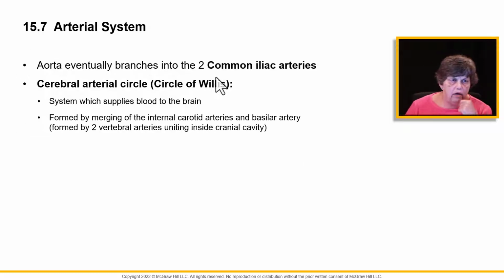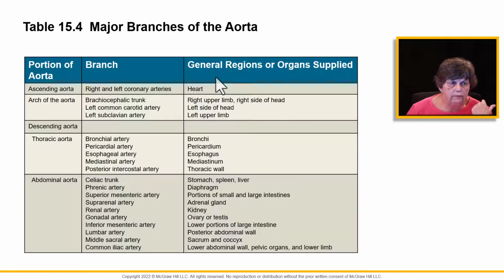If you can remember that, you're good. You do have the aorta does branch into two common iliac arteries in the legs. We'll look at that. There is a circle, the circle of Willis in the brain, which supplies the blood to the brain. And you can look at some of these, but we're not going to go crazy.